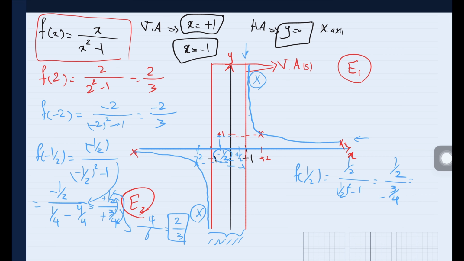So it's going to be negative 2 over 3, which is this number, like here. I'll use this color, so here and then here.